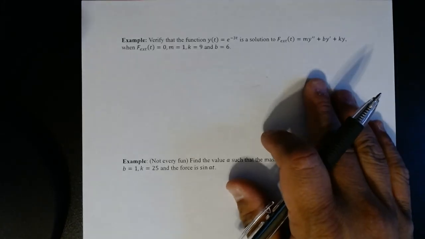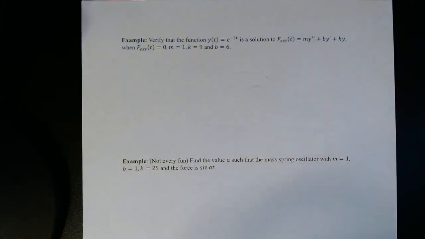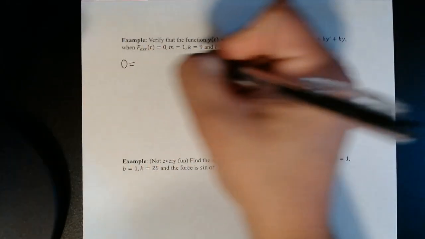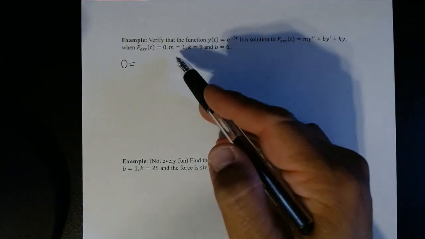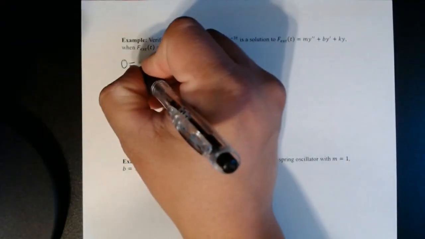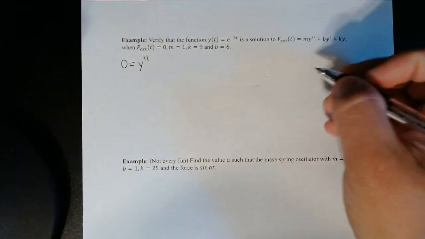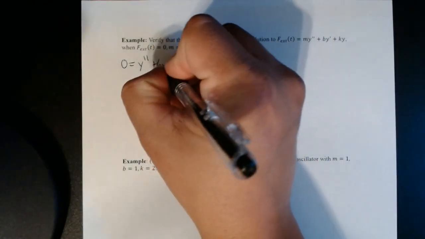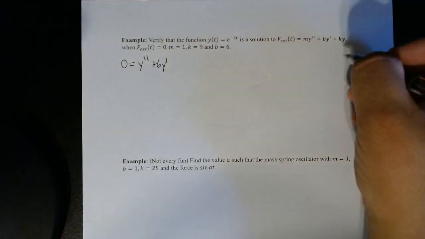This time we have a little bit more applied stuff, numerical values themselves. So we just plug in each one. This is going to be 0 is equal to, m in this case is 1, so we just get y double prime. b in this case is 6. And then finally k is 9.